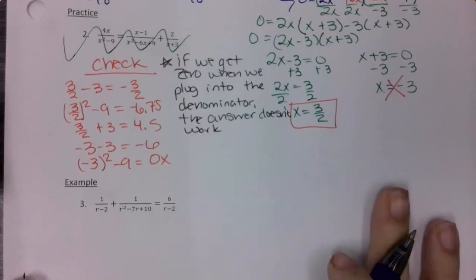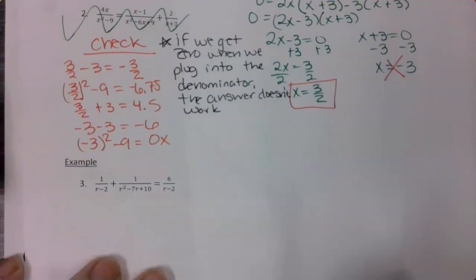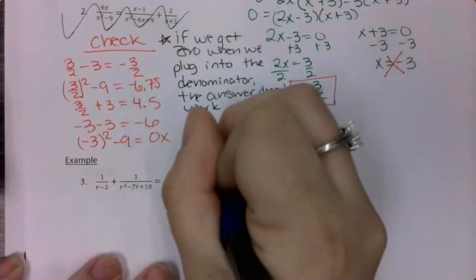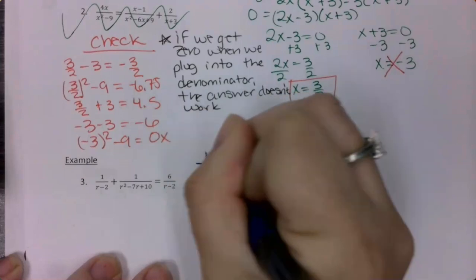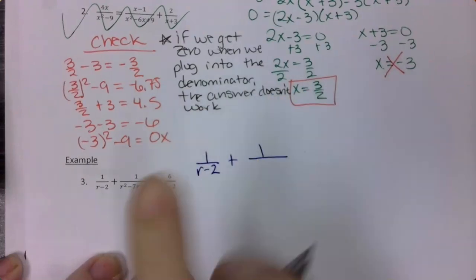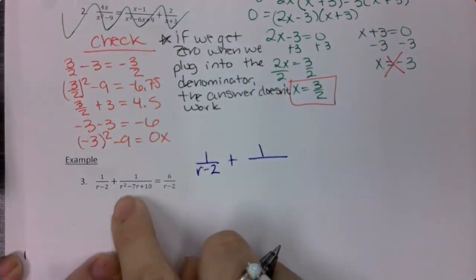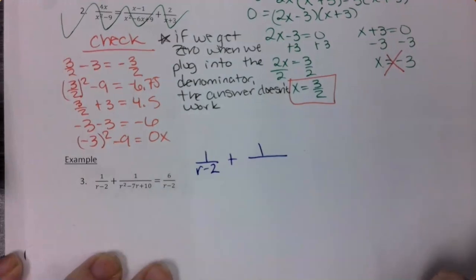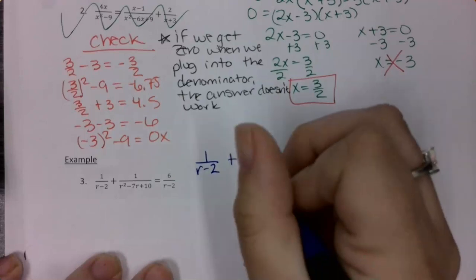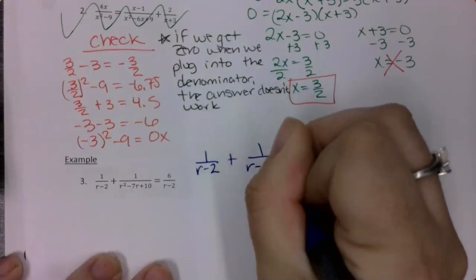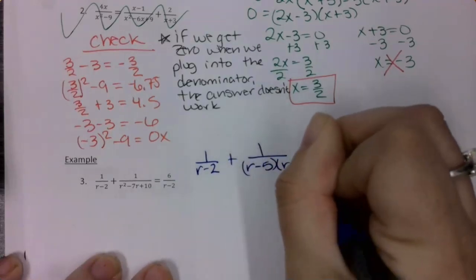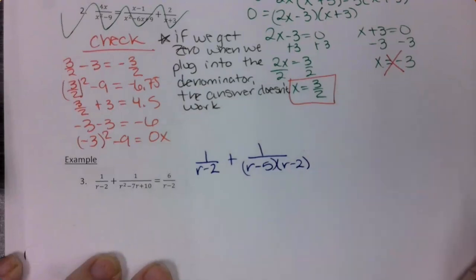So, number 3, same idea. I want to factor my fractions. What multiplies to 10 and adds to negative 7? Negative 5 and negative 2.